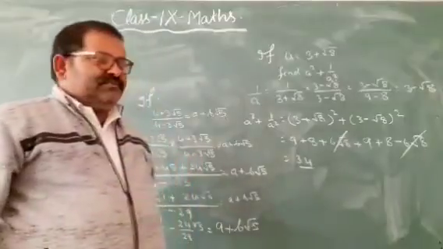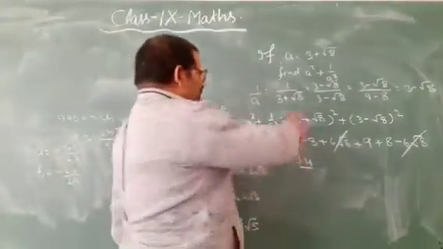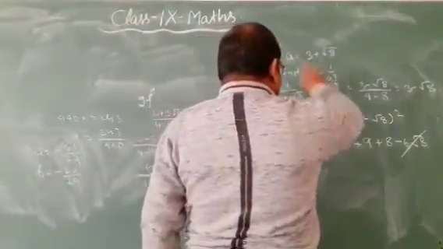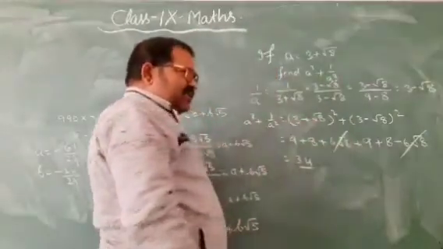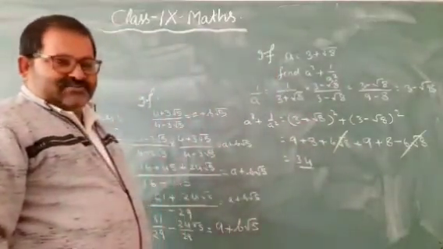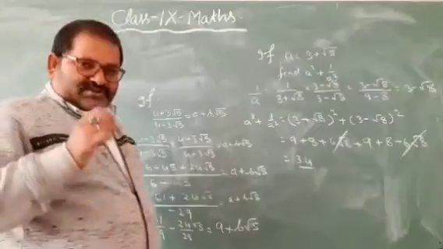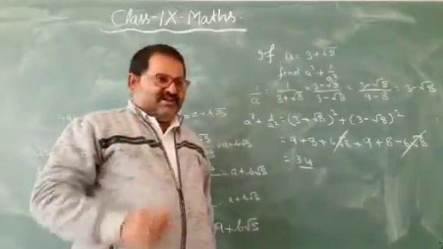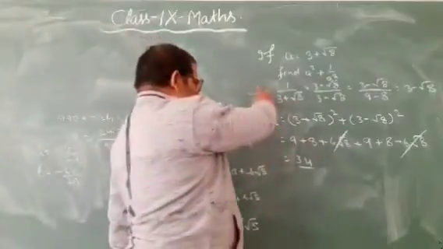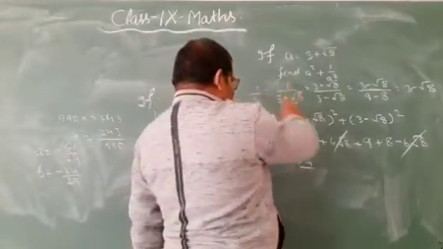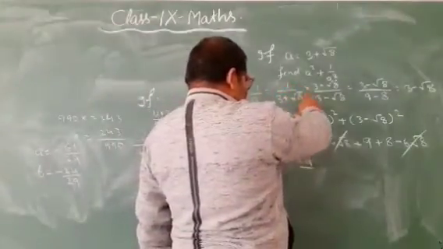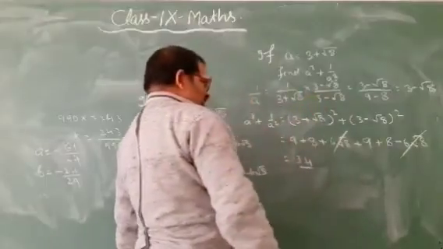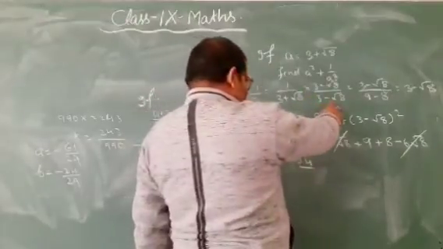Now once again we repeat that if a equal to 3 plus root 8, find the value of a square plus 1 upon a square. First we find the value of 1 upon a. 1 upon a equal to 1 upon 3 plus root 8 into 3 minus root 8 upon 3 minus root 8.